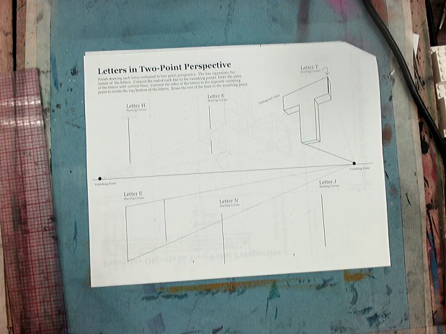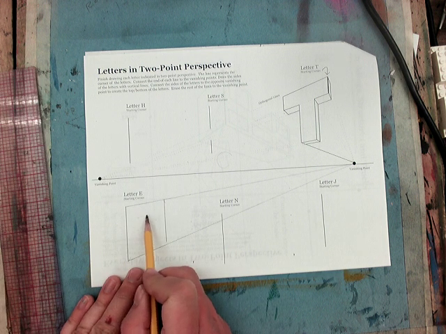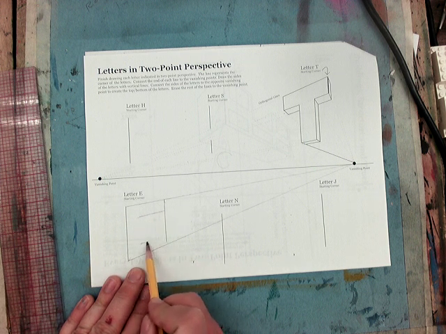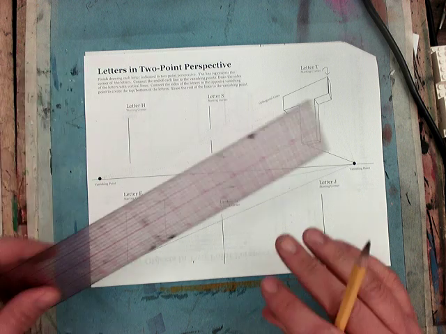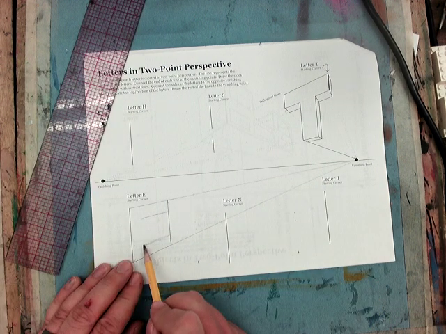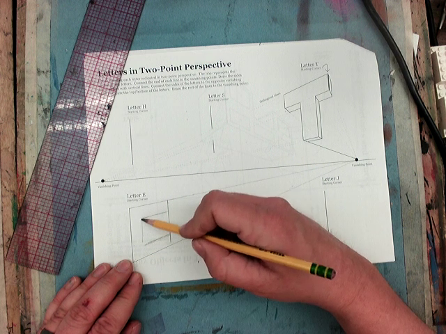Okay? Alright. Now I'm going to turn this into an E. So I'm going to kind of sketch this out. If you want to be really accurate, you can actually line these up so that they're going to the vanishing point. But I think most of you should also be able to eyeball it if you just want to do it that way.